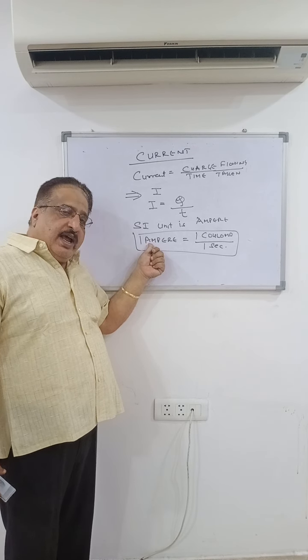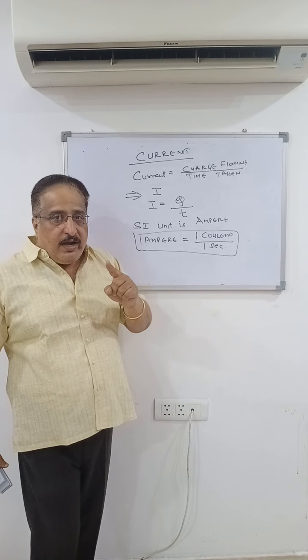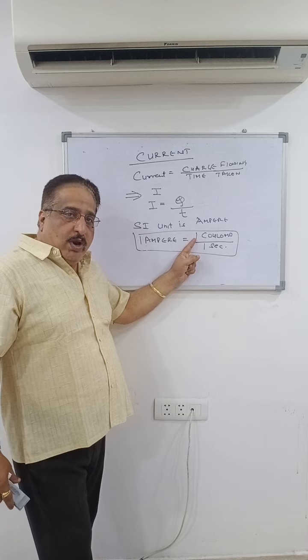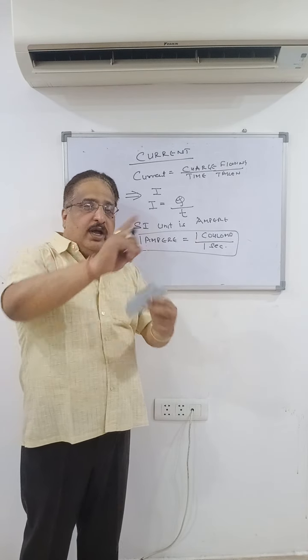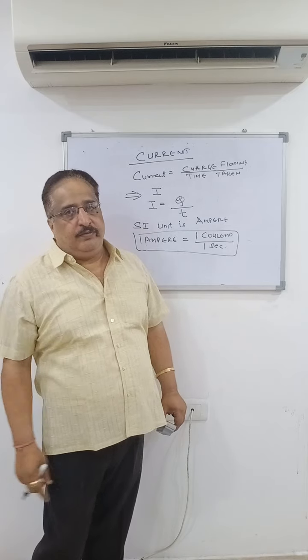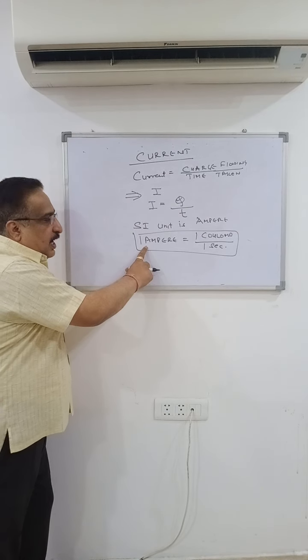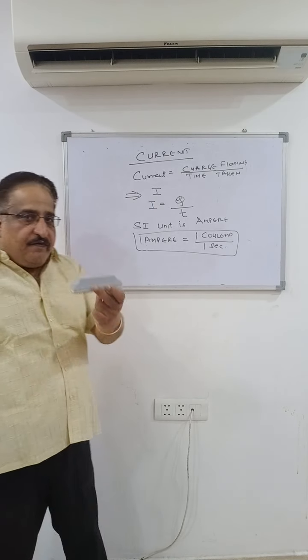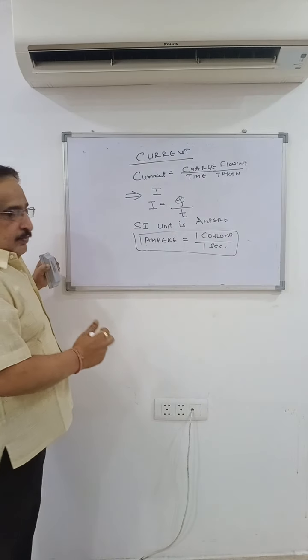So what is 1 ampere? It can be defined as the current flowing through a conductor. Current flowing through a conductor is said to be 1 ampere if a charge of 1 coulomb flows through the conductor in 1 second.